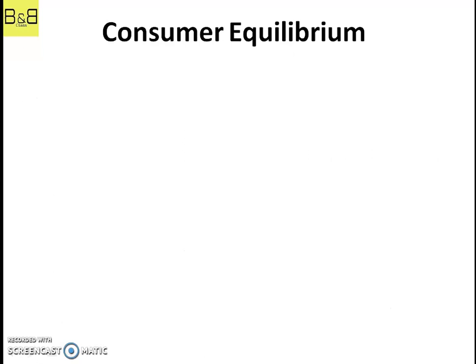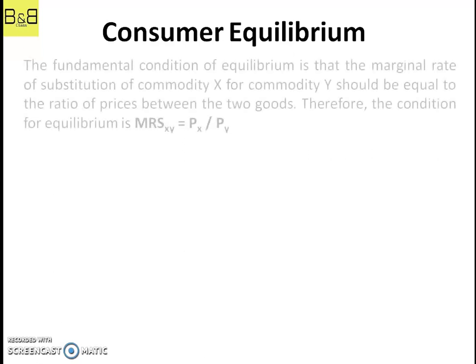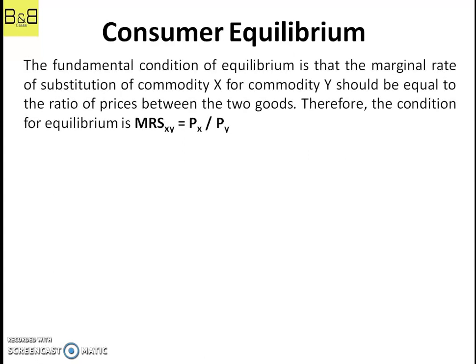Based on this, our consumer is said to be in equilibrium when the slope of the IC curve is equal to the slope of the budget line, or simply at the tangent point where the IC curve and the budget line meet.